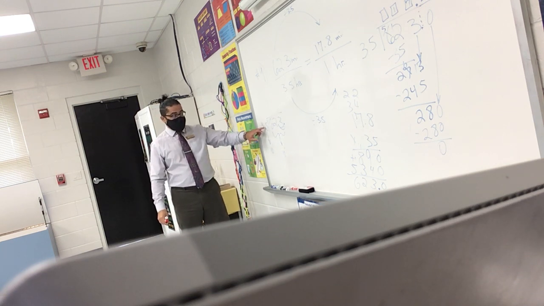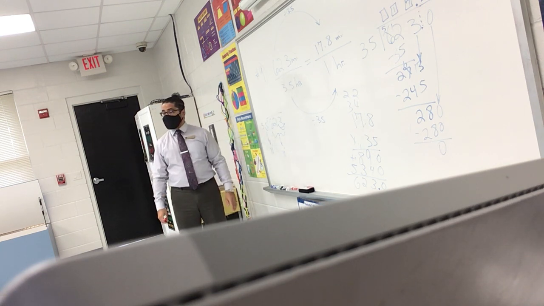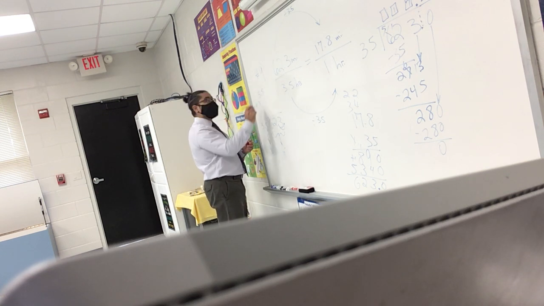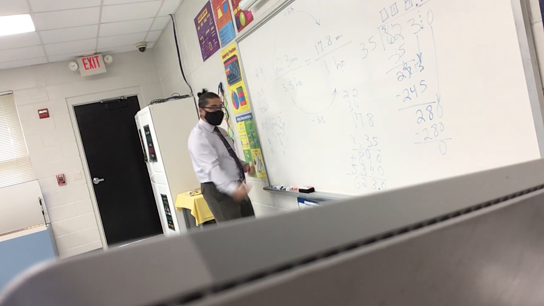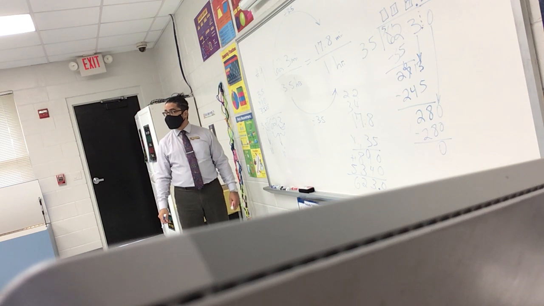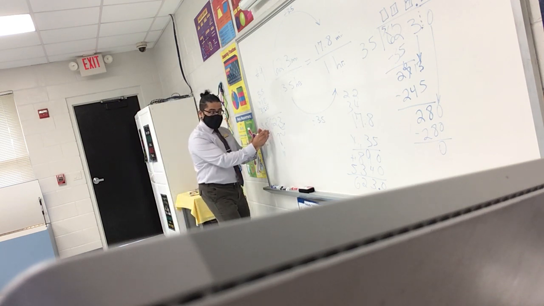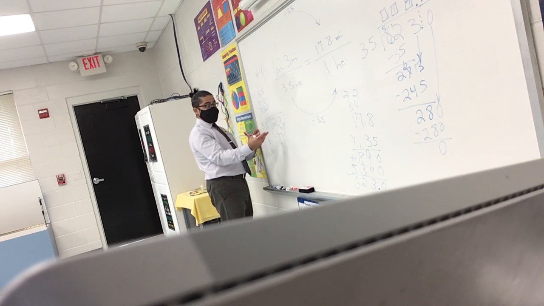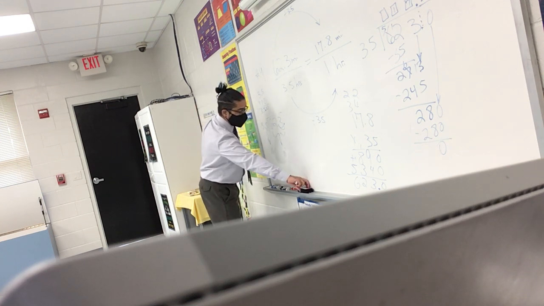So, in other words, 3.5 becomes 35 because I have multiplied 3.5 times 10. And whatever I do to one, I have to do to the other. So 62.3 times 10 is 623.